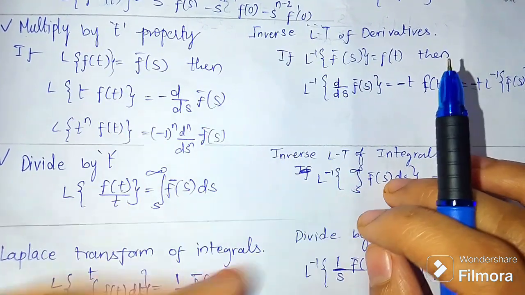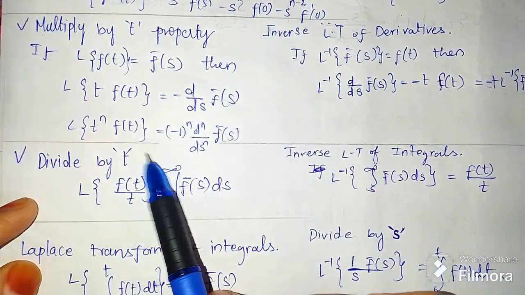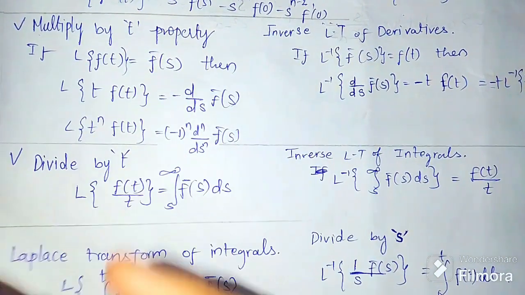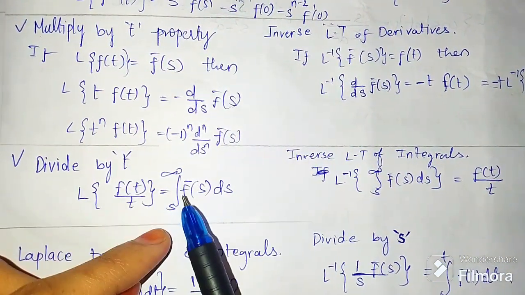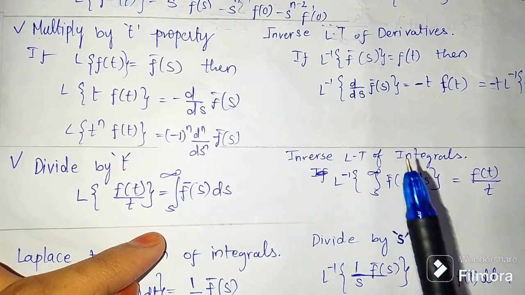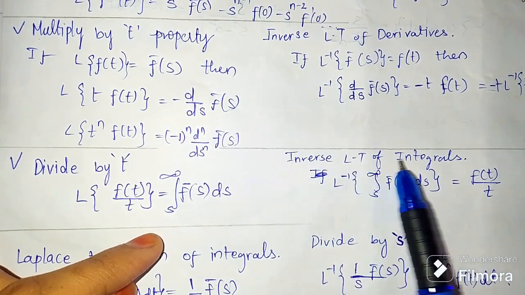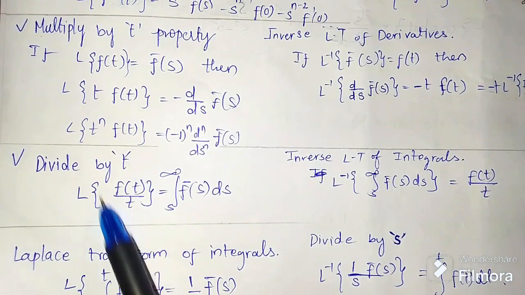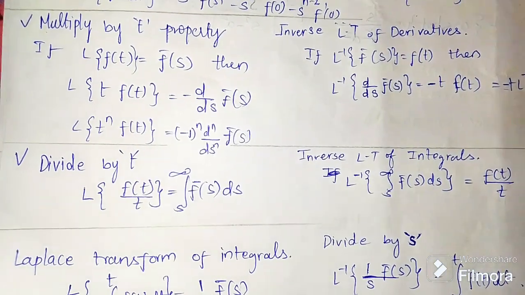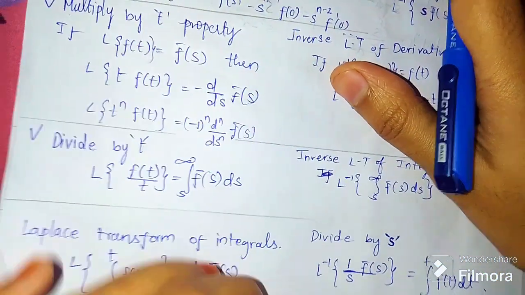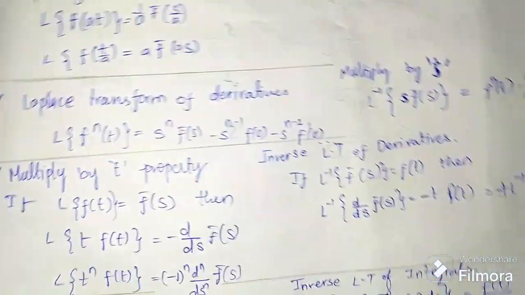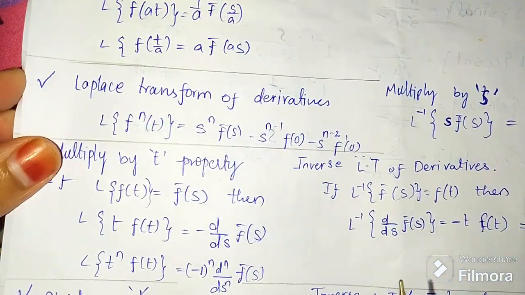Where did I have integration in RHS? In the divide by t property, I have it like this. So if I send my L this side, this becomes Laplace inverse of some integral. That is only my property, inverse Laplace transform of integrals. Then the answer will be f of t by t. So this is what I'm trying to say. You should write it in this way, side by side. Okay, on the display, you put pause and write this sheet.